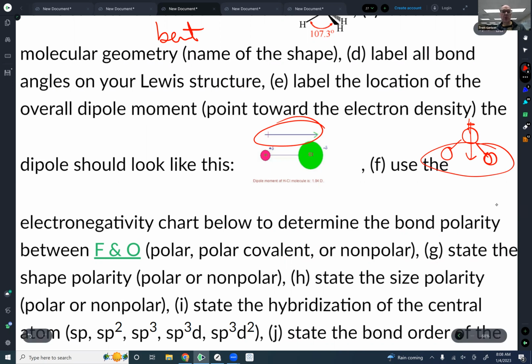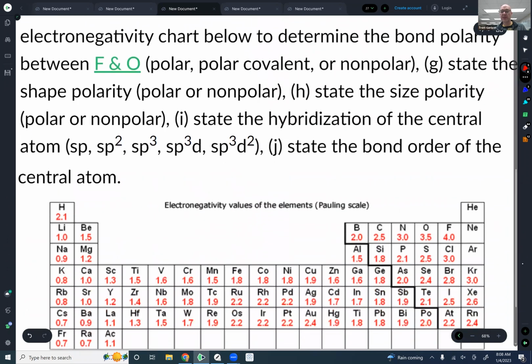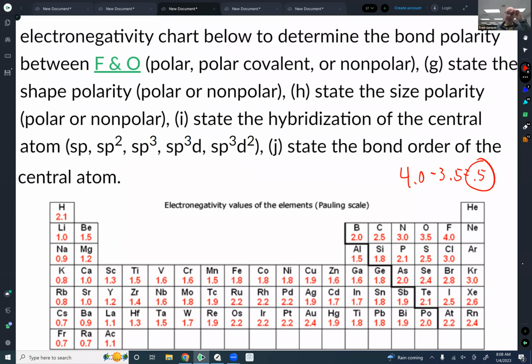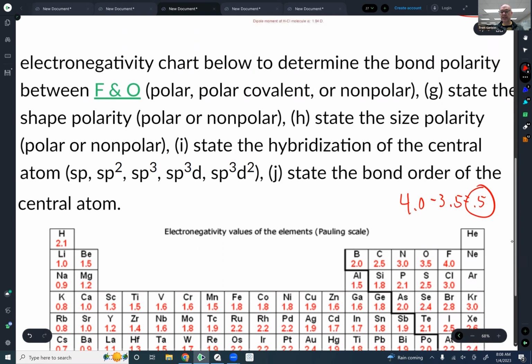Now, let's look at the electronegativity chart here. We have F and we have O. The difference is 4.0 minus 3.5. That is 0.5. That is just on that cusp of being something that is significant.